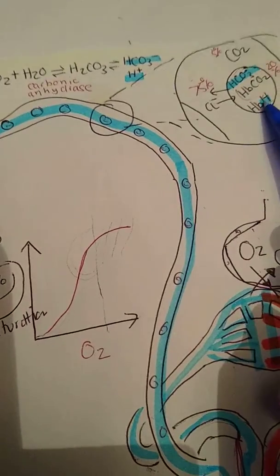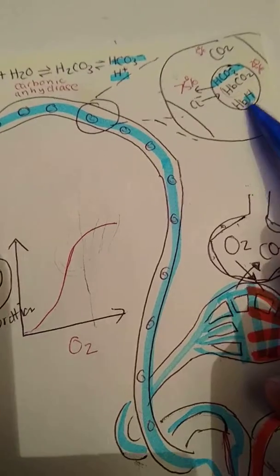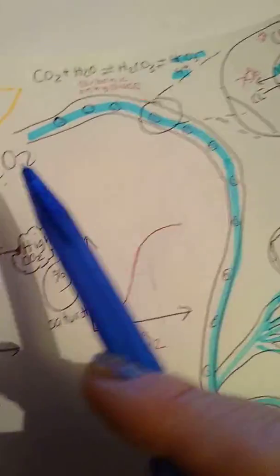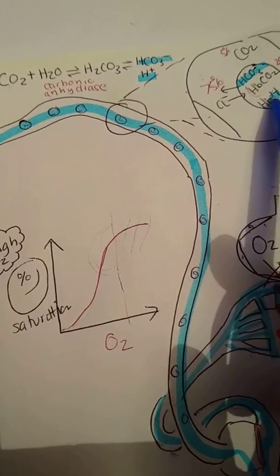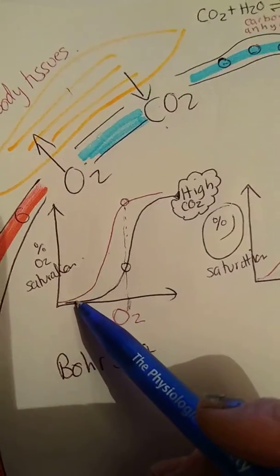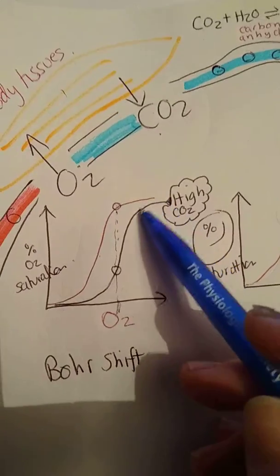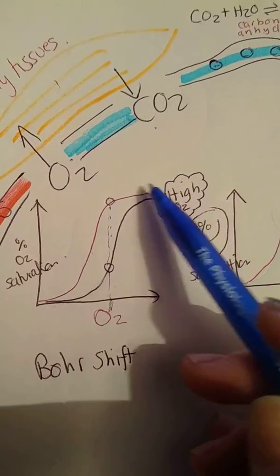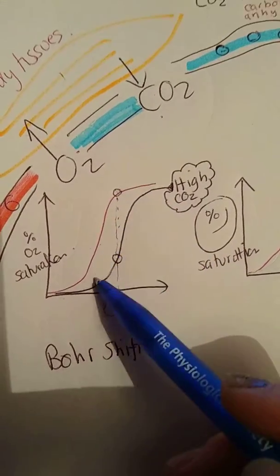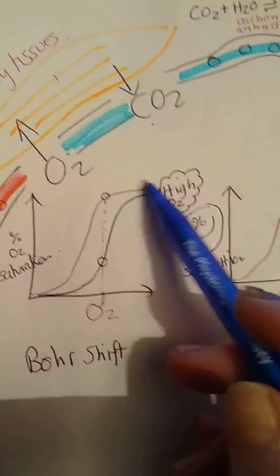The hydrogen ions are highly competitive, and it changes the shape of the hemoglobin, which means the oxygen can no longer bind. So we have this shift. On this curve, the hemoglobin has a lower affinity for oxygen compared to the normal situation.